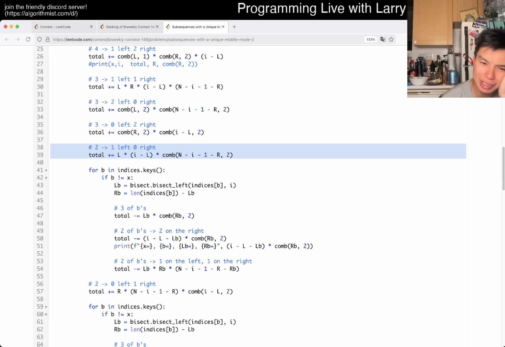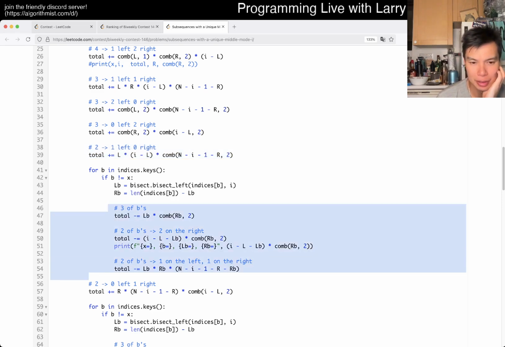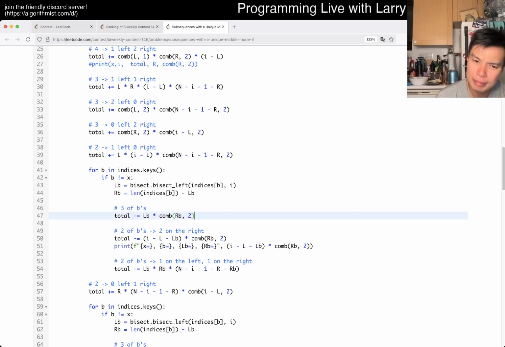I mean, is it enough to cap it? We count all these things. I think it's enough. I think I messed up anyway.